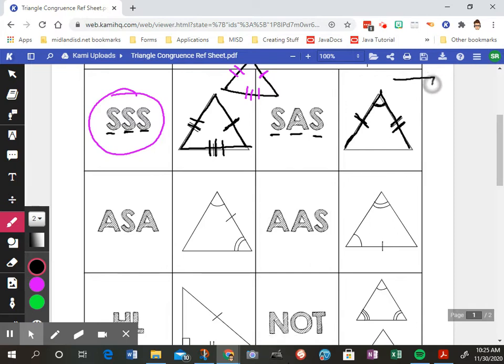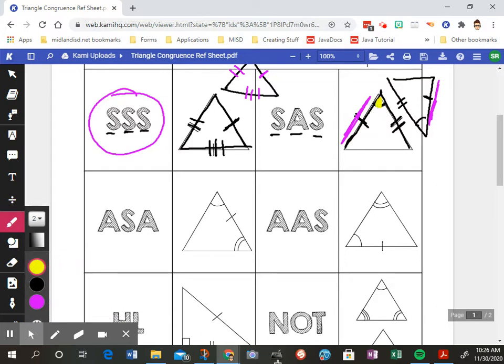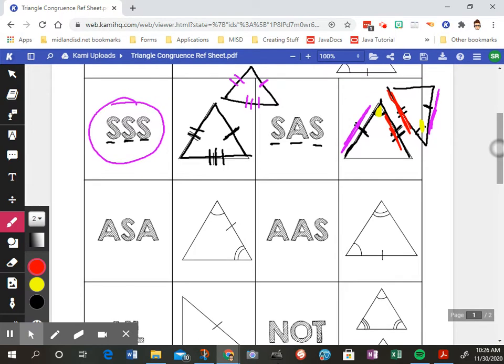So what we're looking for is another triangle with an angle and similar markings. So we have a side and a side, an angle, and a matching side. All right, pretty good so far. Let's go on to the next one.